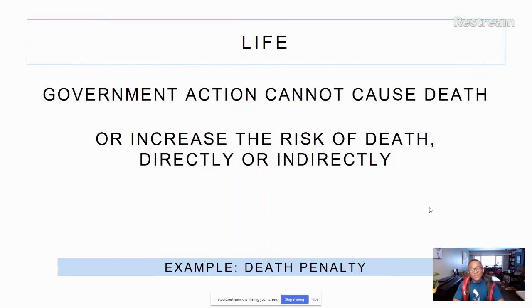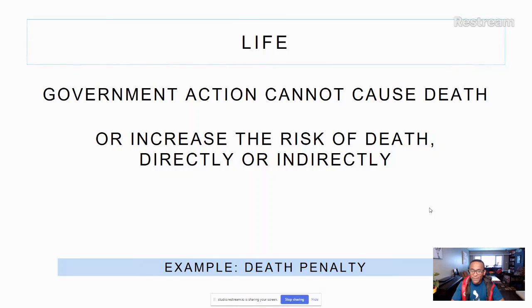A government that forces you into, say, for example, a situation where you're not able to access medical treatment that you need, which then poses a risk that you might die if you don't receive that treatment, would also be in violation of your right to life.